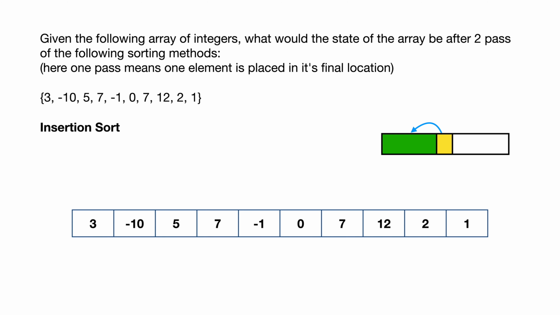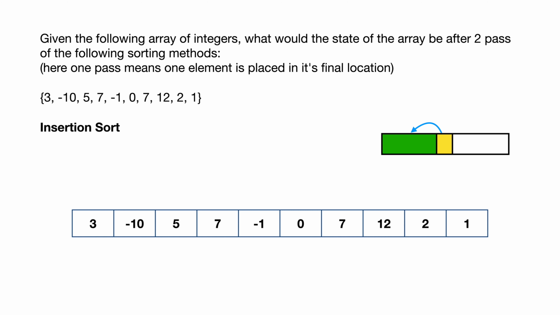The first question, and actually the first 3 questions, well, the first question was in 4 parts, and it was based around this particular array: 3, -10, 5, 7, -1, 0, 7, 12, 2, and 1.